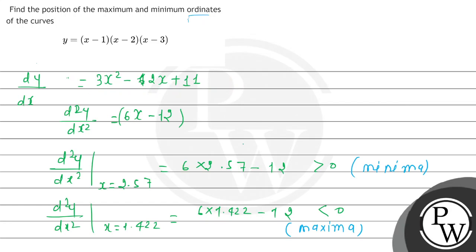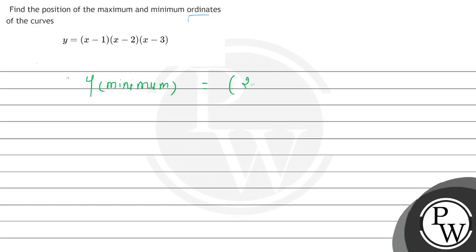The value of x was 2.57, so we put in 2.57 minus 1, 2.57 minus 2, and 2.57 minus 3.